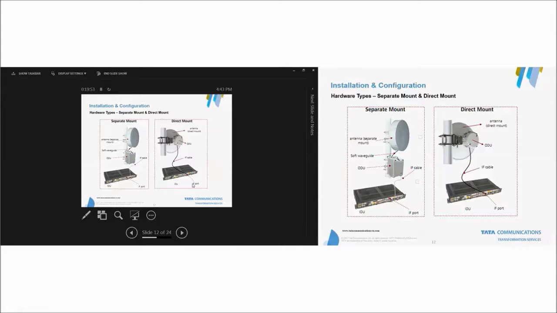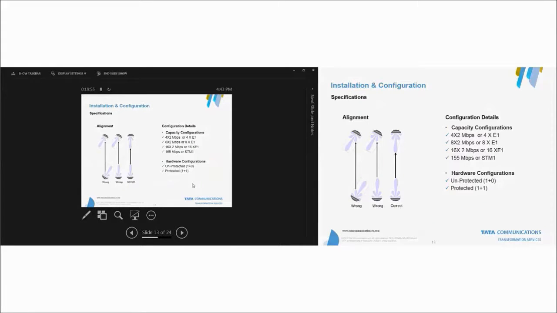Once you are done with the installation, this is how alignment will be done between two sides. If you see in this picture, the beam will have a main lobe and numerous side lobes, and there will also be some back lobes present in a microwave beam.